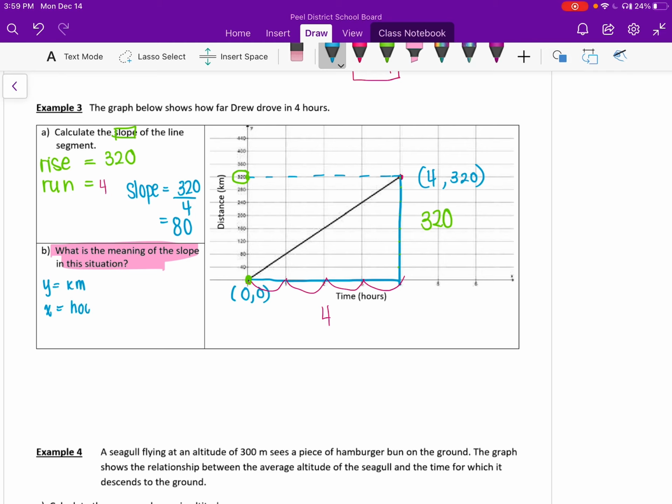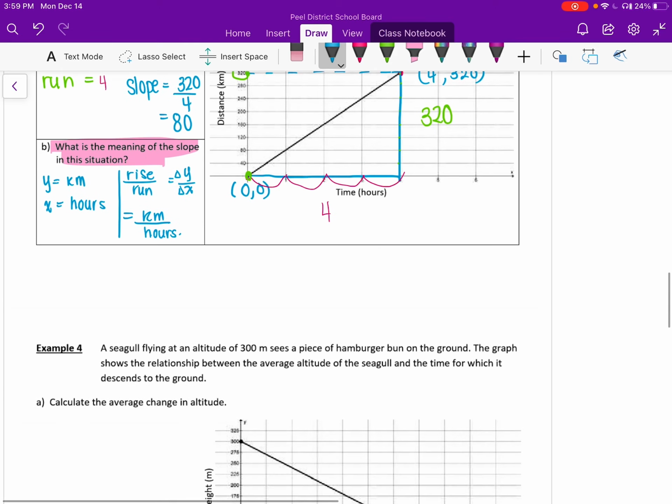Hours. So what our formula is saying is that it's rise over run, or y over x, right? Change in y, change in x. So what it's saying is km over hours. Where have you seen kilometers per hour in your life?